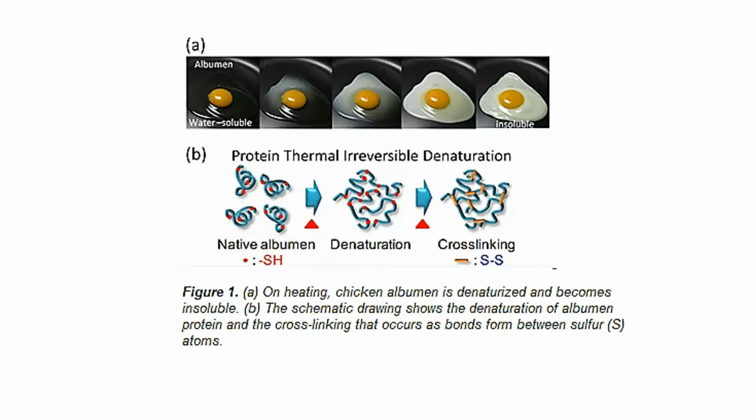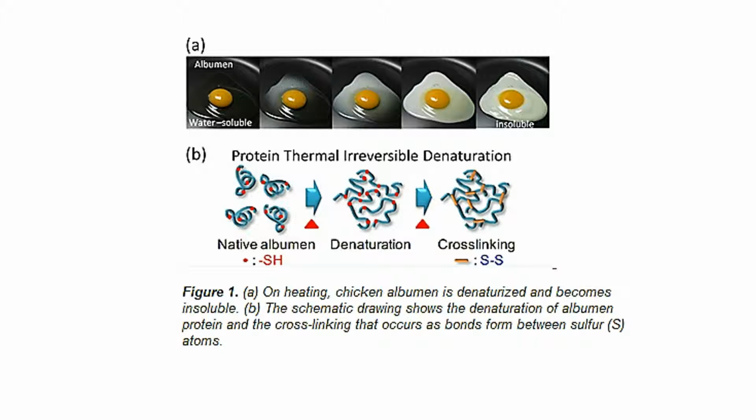Well, that albumin, the protein, is causing it to be white. It actually begins to denature. It begins to uncoil. And eventually it'll cross-link, because you can now have interactions between portions of a protein that were previously not accessible.